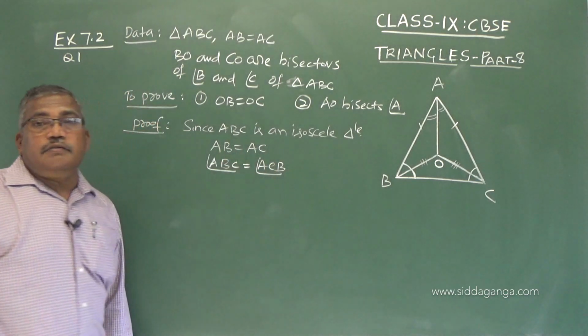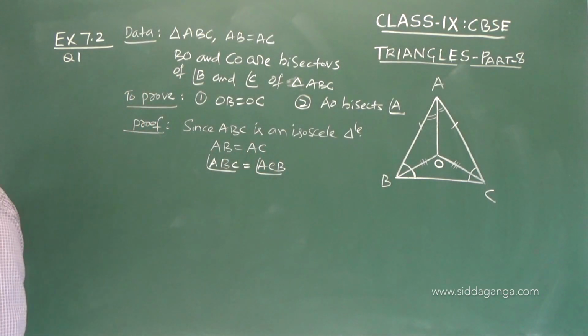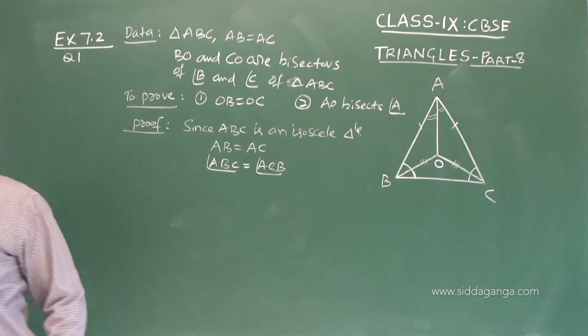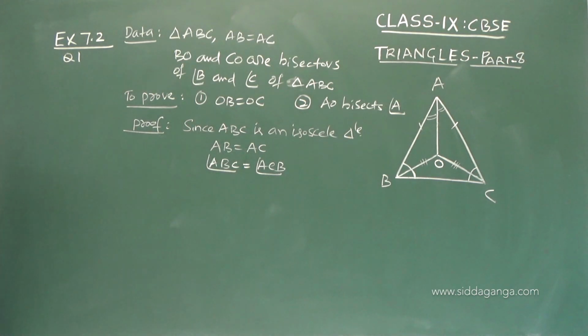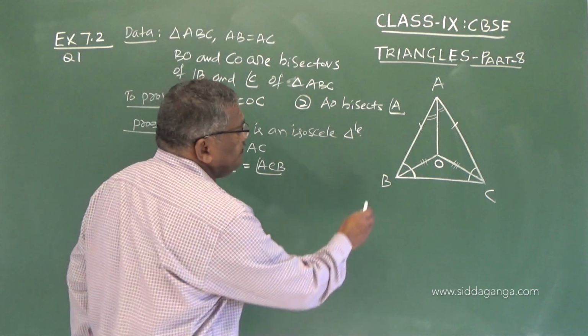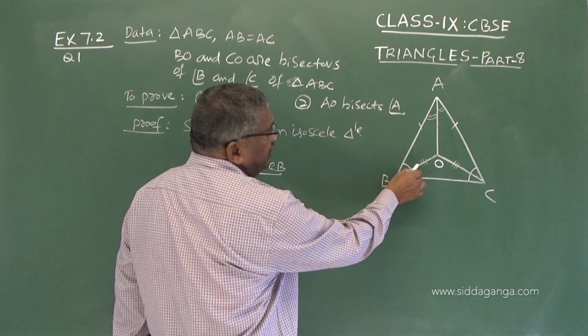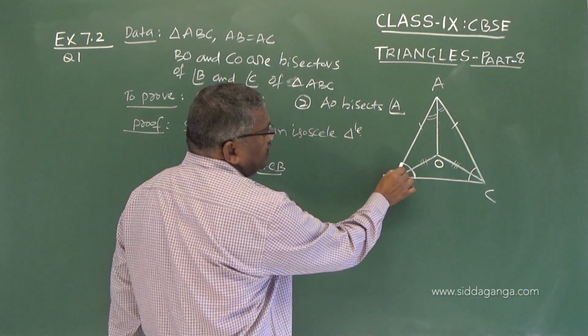Angle ACB. OBC, so this is a bisector, ABC is the total angle.